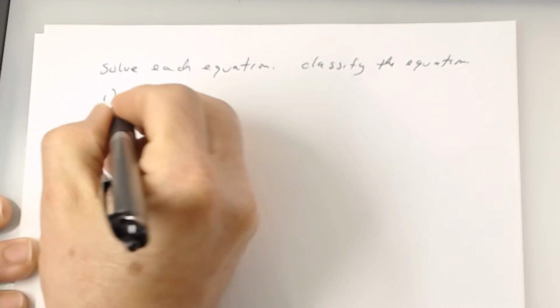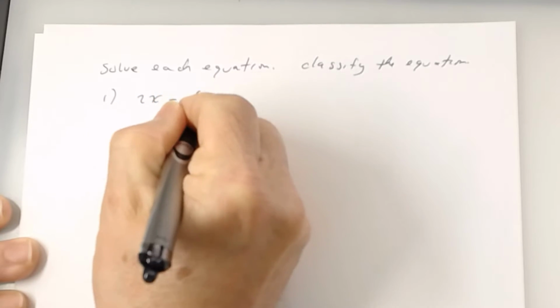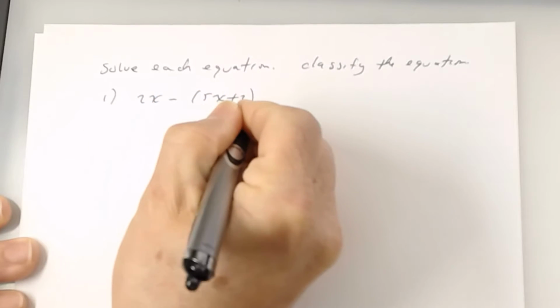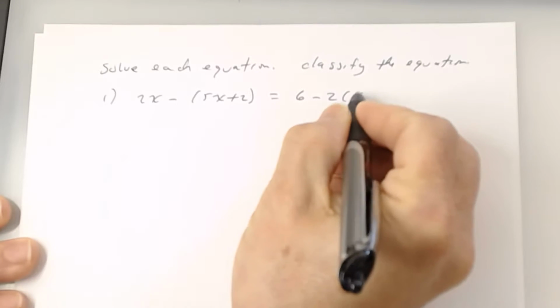Number one, we have 2x minus (5x plus 2) equals 6 minus 2 times (x plus 1).